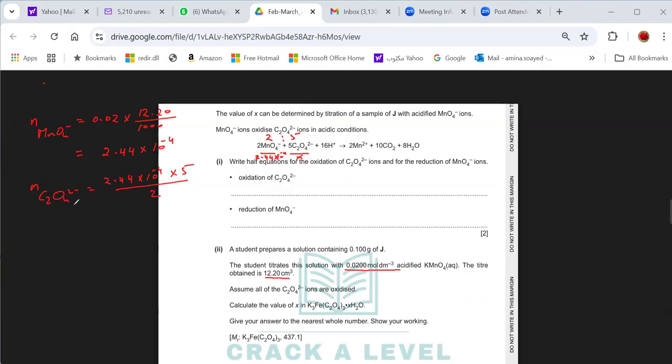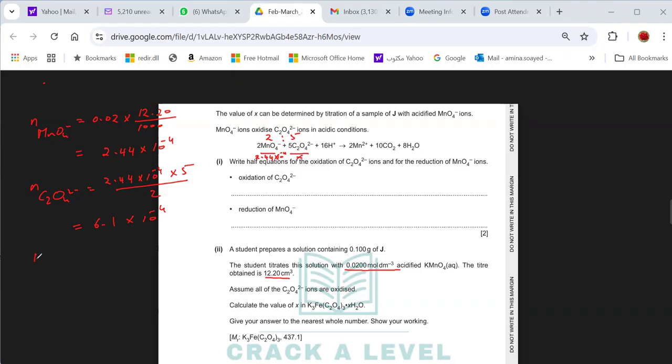So I got 6.1 times 10 to the power minus 4.